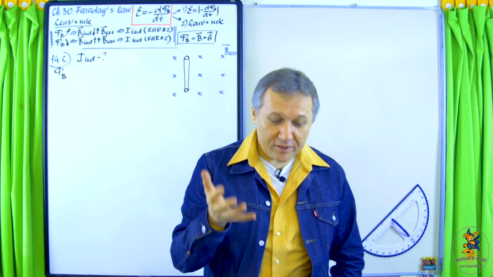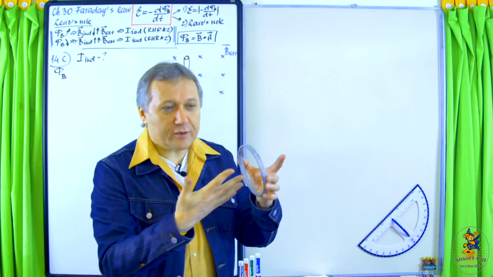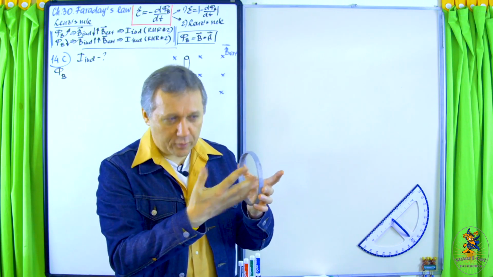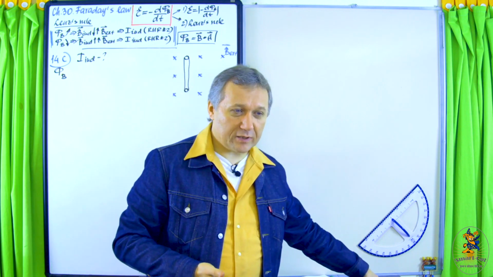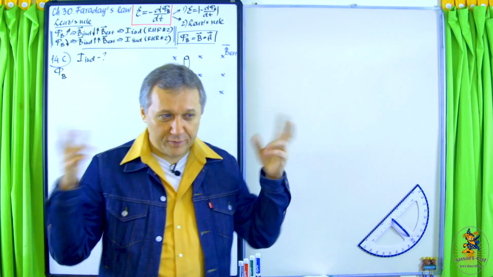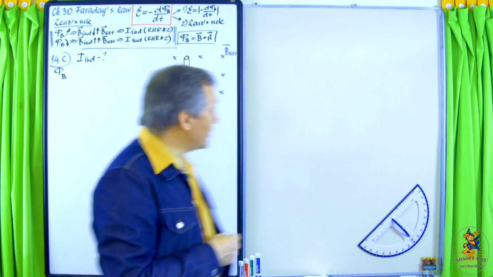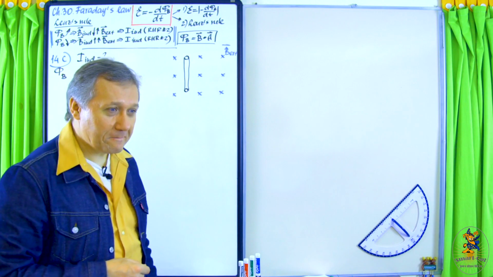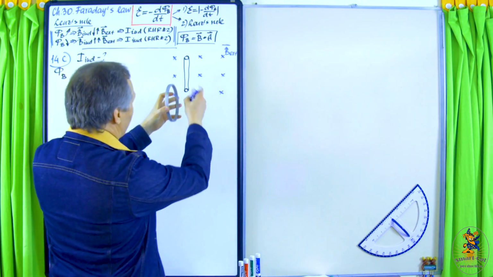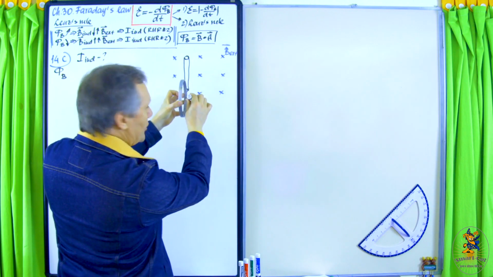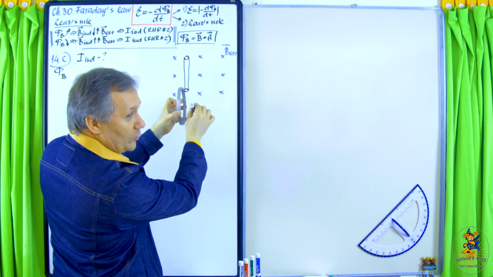In simple words, it's basically the number of magnetic field lines crossing a surface. If you have magnetic field lines and a surface, it's a number which allows us to calculate the number of magnetic field lines crossing this surface. In this situation, the magnetic field is parallel to the surface of the loop.